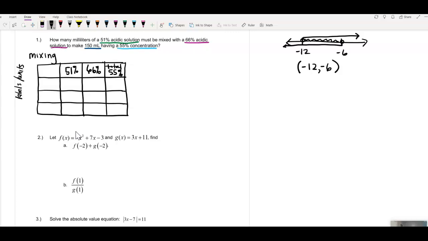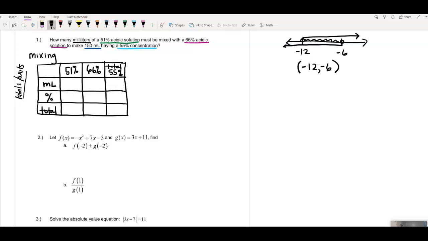Looking over here at the units and labels, we've got milliliters, and we also are dealing with percent. So I'm going to put milliliters here and percent here, and then also the total.